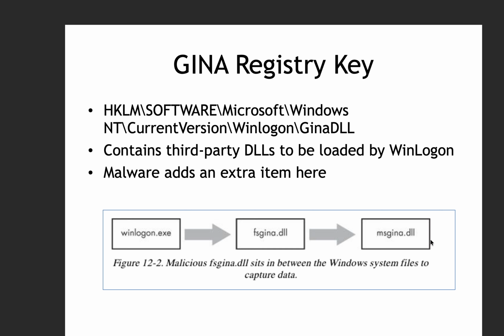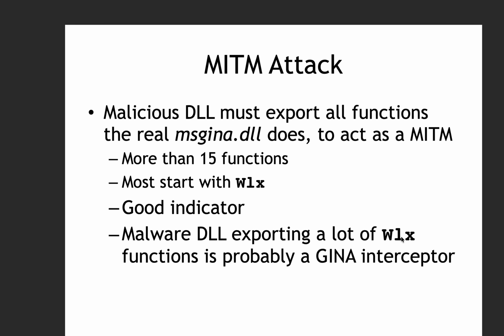But what happens here is that fsgina.dll acts as the man-in-the-middle. Windows login will pass through fsgina.dll and then send it off to msgina.dll. That's why it's called an MITM, or man-in-the-middle attack.